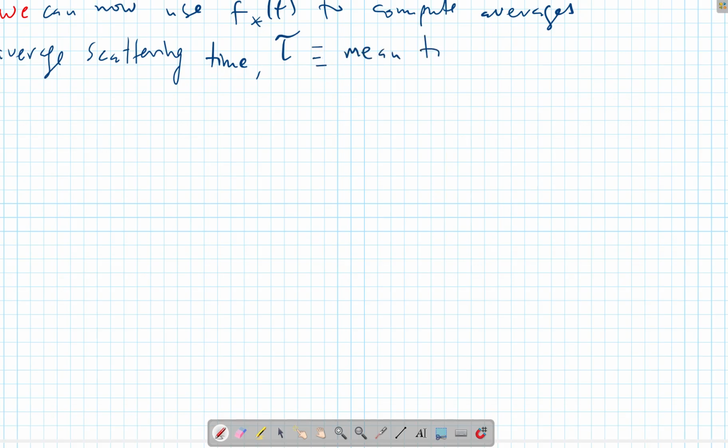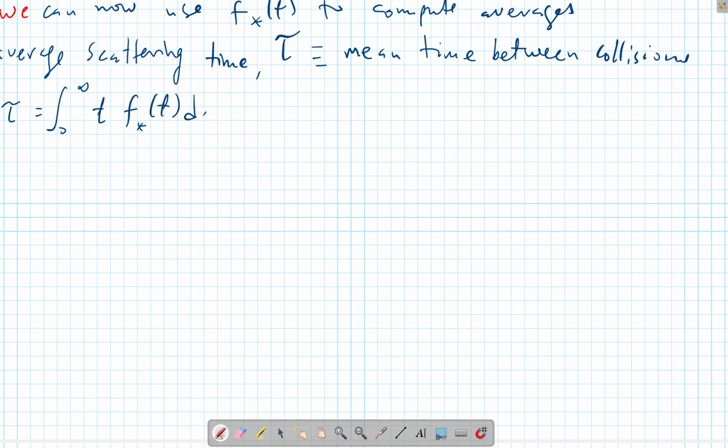The mean time between collisions, right? So this is going to be equal to, remember we have used this a lot, we want to compute the average of t, so t times the probability density function dt.